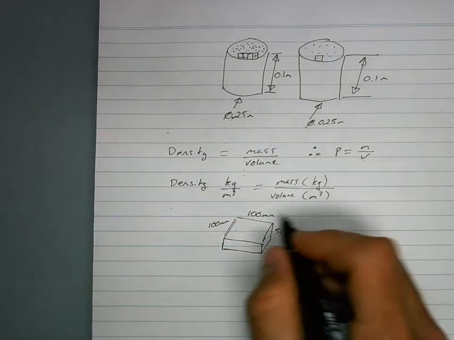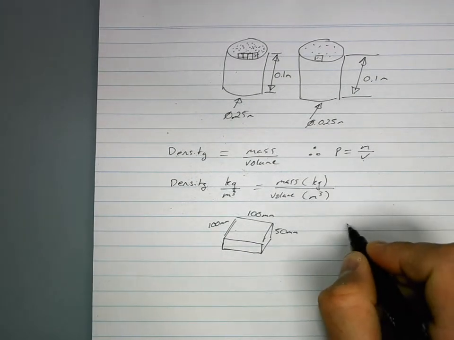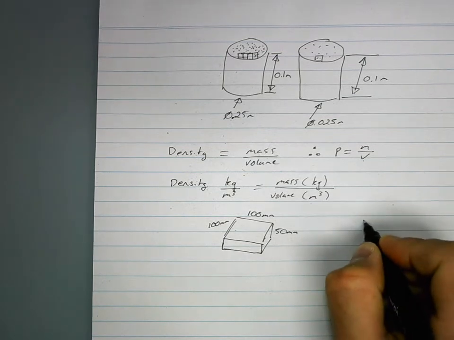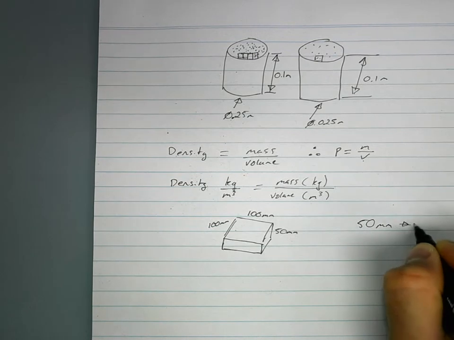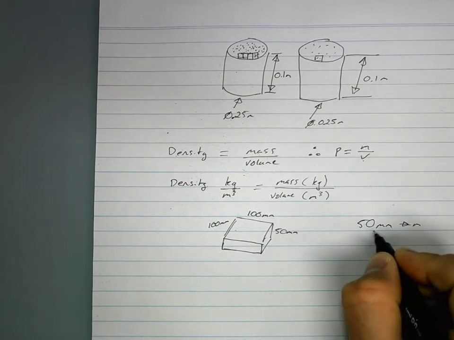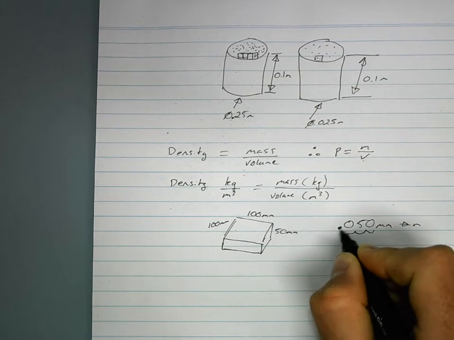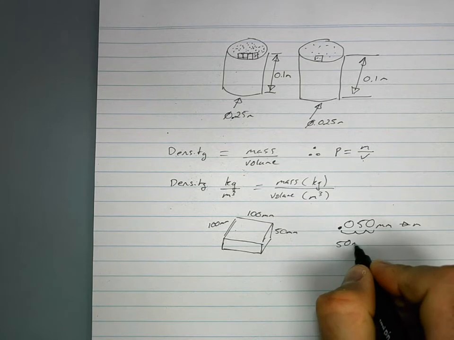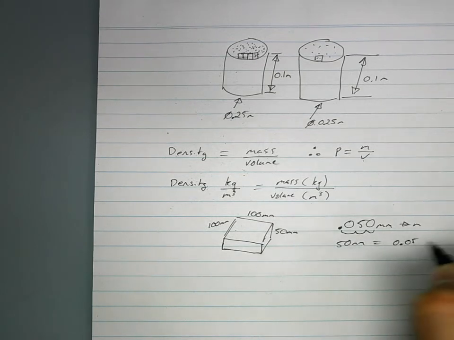Whenever you have millimeters, you take whatever millimeters you have and move the decimal spot 3 places to the left. So here's an example. 50 millimeters into meters, we go 1, 2, 3. So now we have 50 millimeters is equal to 0.05 meters.